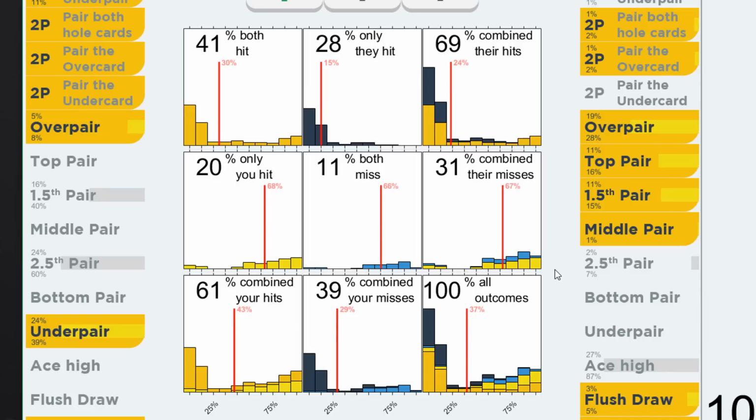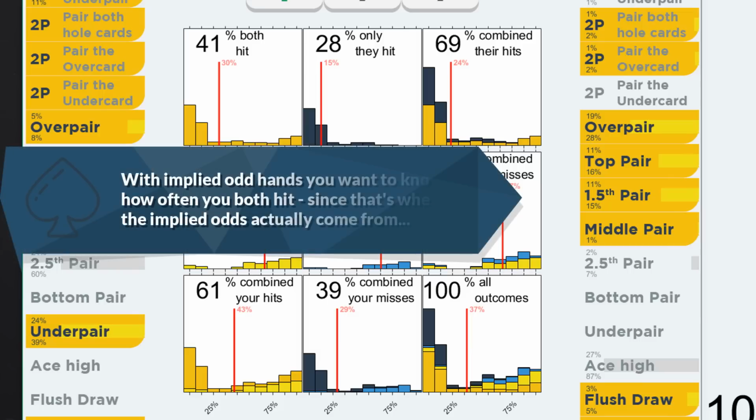So what are we really seeing here? Well, one of the big things when you are set mining, or you're going to be playing a suited connector, or you're going to be playing some hand that has a lot of implied odds, or you're hoping has a lot of implied odds, this is one of the first places you want to be looking. Where are we both hitting? And when we both hit, are we doing really well or not really well?